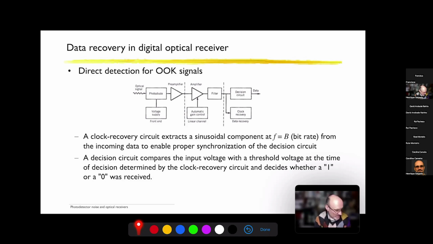Some circuitry, usually known as the clock recovery circuit, is required to recover the clock information from the data being transmitted. Then the decision circuit compares the input voltage with a threshold voltage at the time of decision, and decides whether a 1 or a 0 has been received, depending on whether the received signal is below or above the threshold voltage.